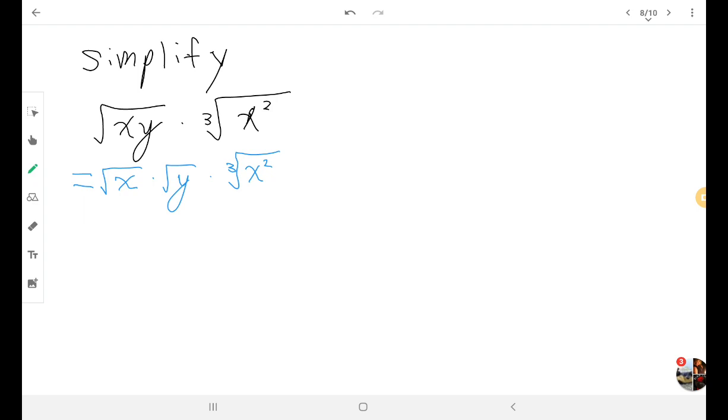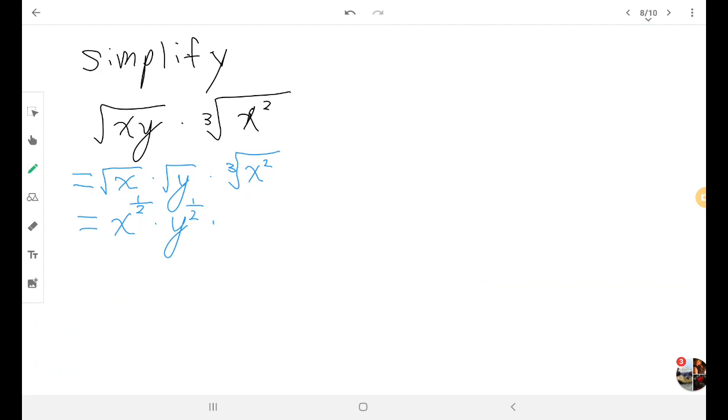And then you have to start thinking, how could I do something else with this? Well, the other option is from a previous section where we learned how to write these radical forms as exponent forms. We learned how to write them without the root and write them with fraction exponents. So square root of x would become x to the 1/2 power. And square root of y similarly would become y to the 1/2 power.